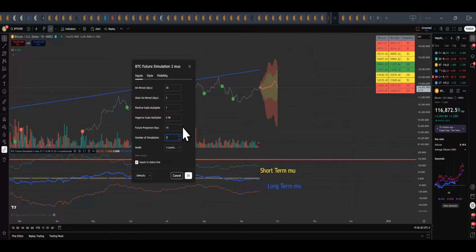If I go higher, like 100, it starts to stabilize. In theory it would be nice if we could do 10,000, and I will test it later. I don't know how many simulations it can do before it complains, because at a certain point TradingView is limited in what it can do.